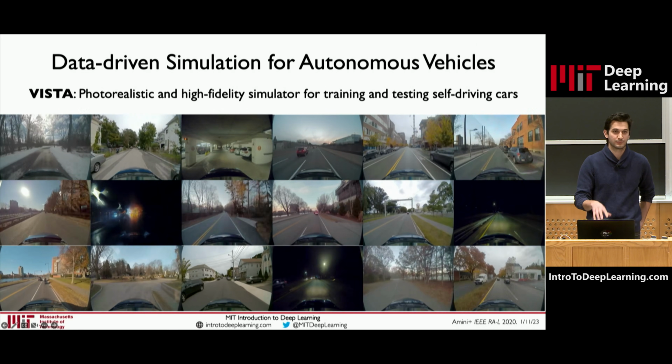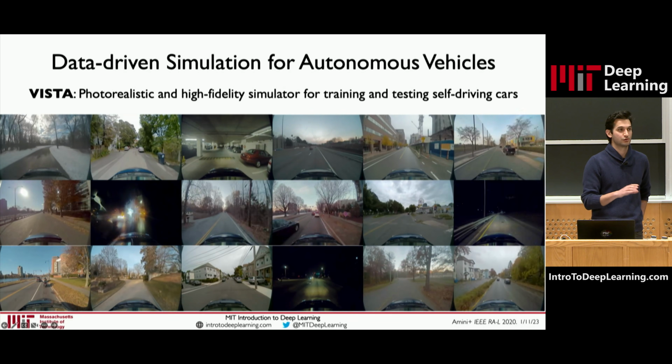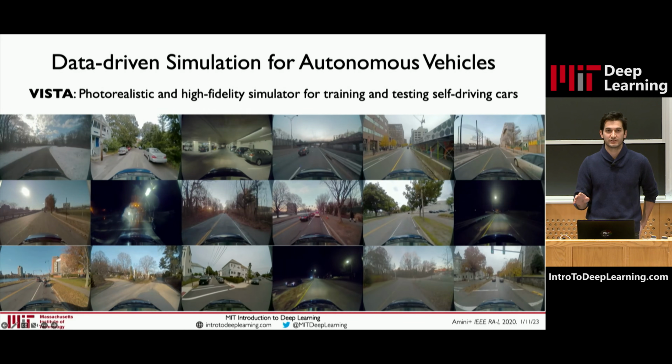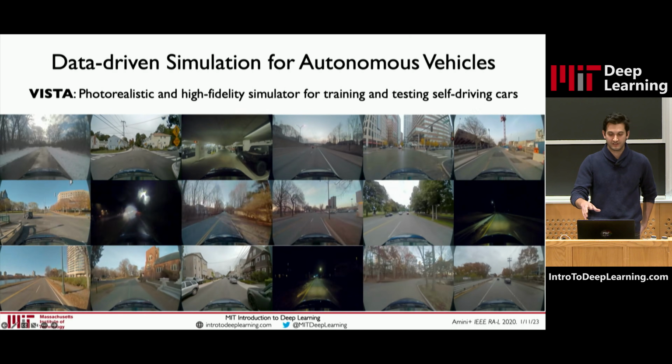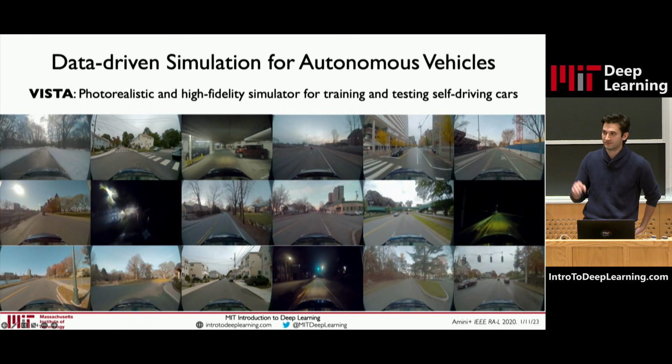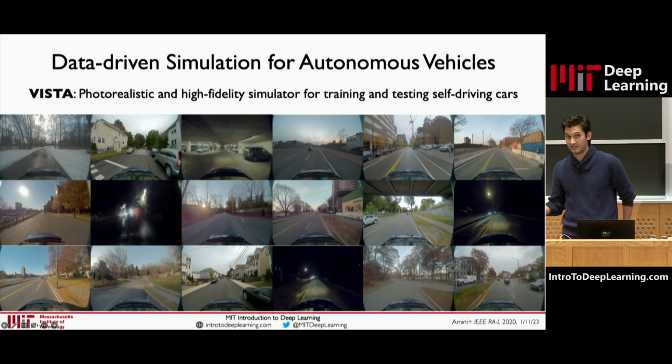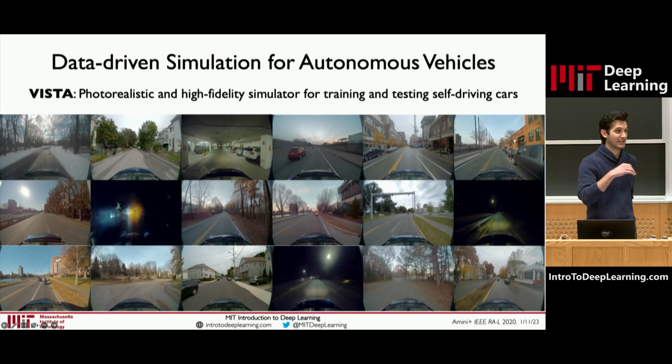This is actually an autonomous agent, not a real car, driving through our virtual simulator in a bunch of different types of scenarios. This simulator is called VISTA. It allows us to use real data that we collect in the real world, but then re-simulate those same real roads.